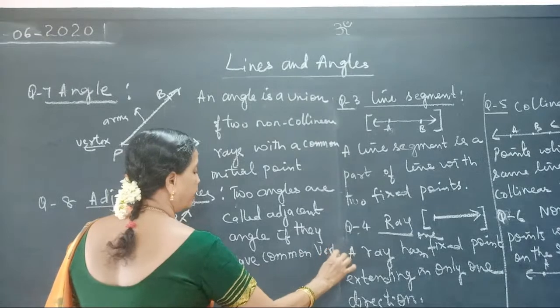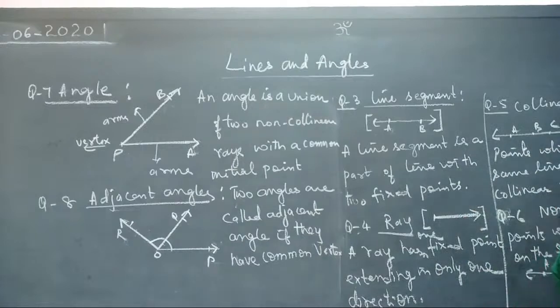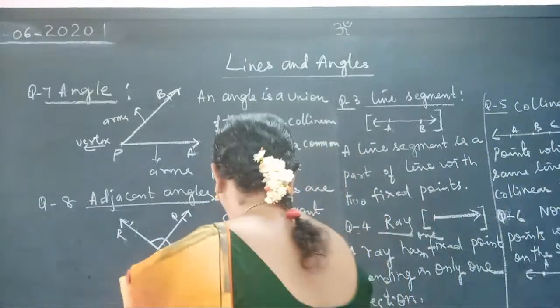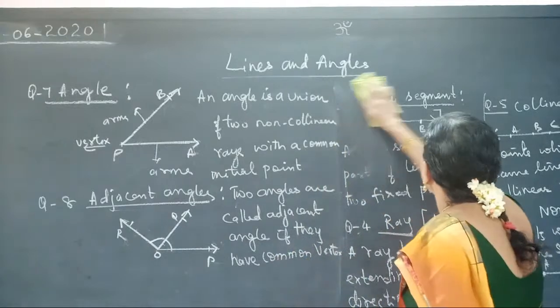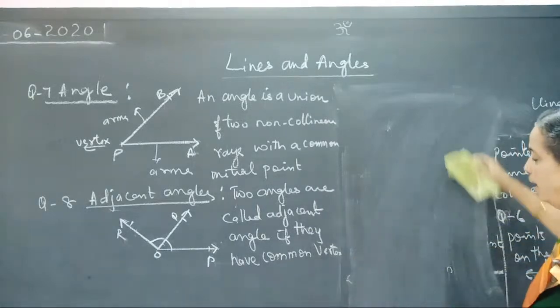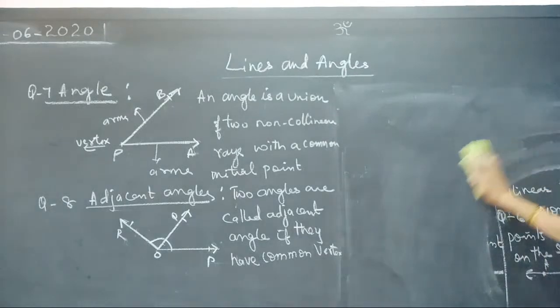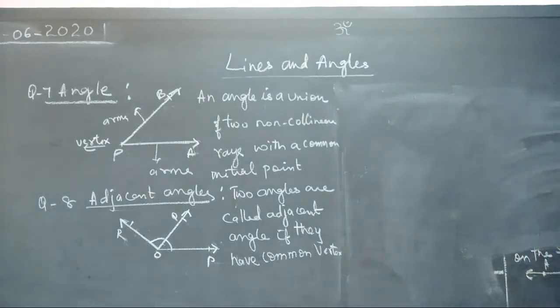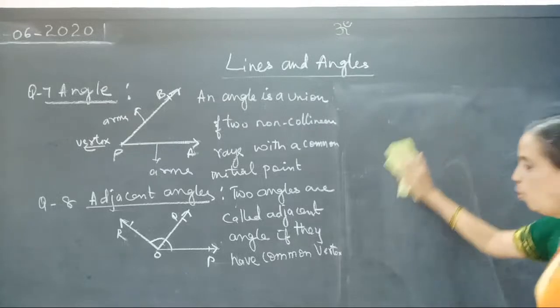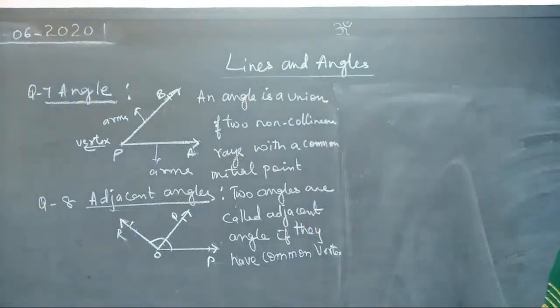Here the common vertex is O. And they have a common arm. Which is the common arm here? OQ is the common arm, and OP and OR are non-common arms.